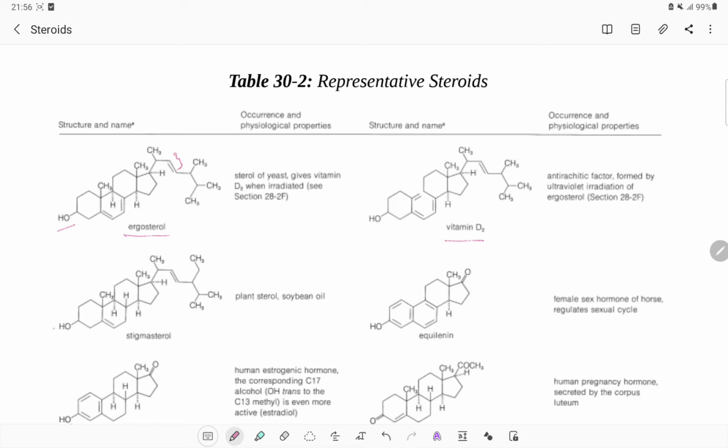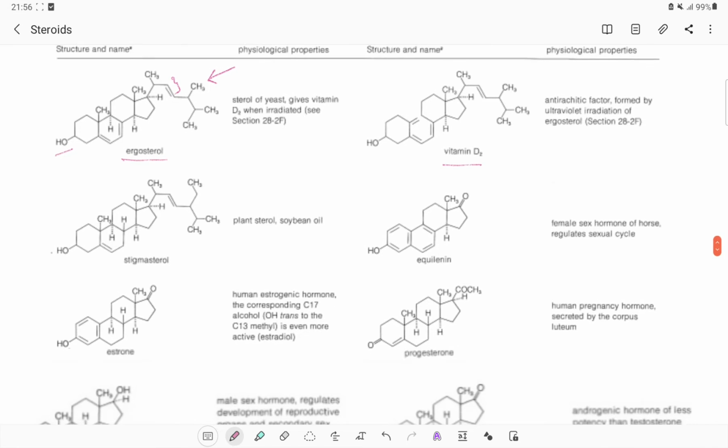This is the anti-rachitic factor formed by UV irradiation of ergosterol. When UV radiation falls on ergosterol, it gives vitamin D2. Anti-rachitic factor means it is involved in how the blood level can be controlled in the body.